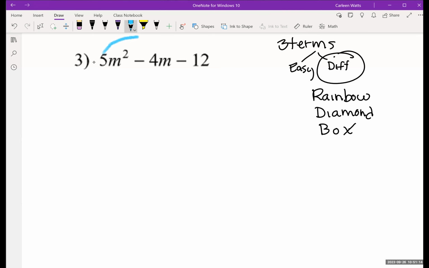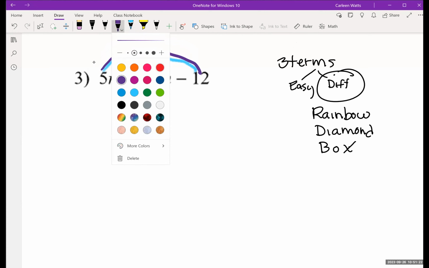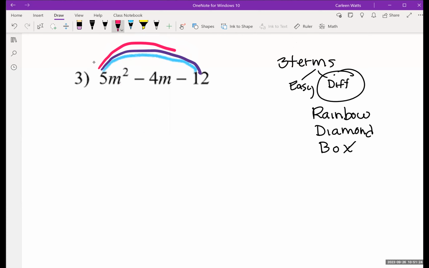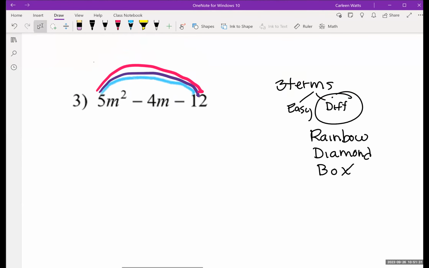Okay, so we make a rainbow with the first term and the last term. Not completely Roy G. Biv accurate. And we multiply 5 times -12 is 60. Oh, is that correct? Or did I leave something out?